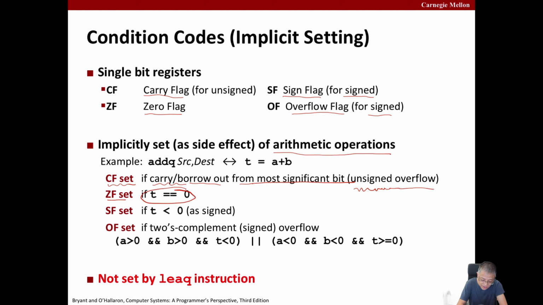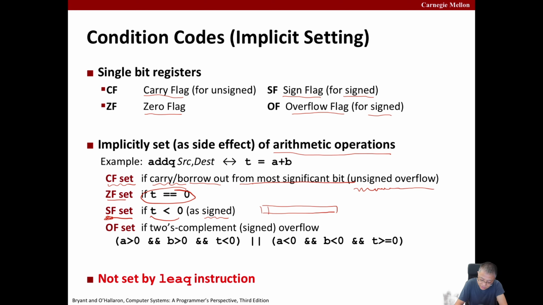The SF is also simple: for a signed operand, if the result is less than 0, then the SF will be set. As we know, in the computer, numbers are represented in two's complement. So if the highest bit of the result is 1, then SF will be set.